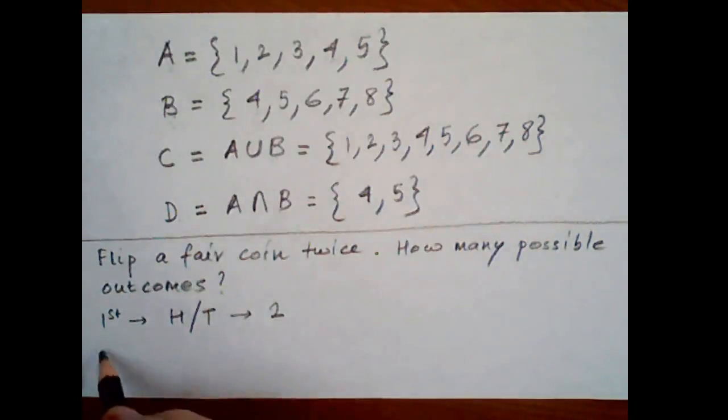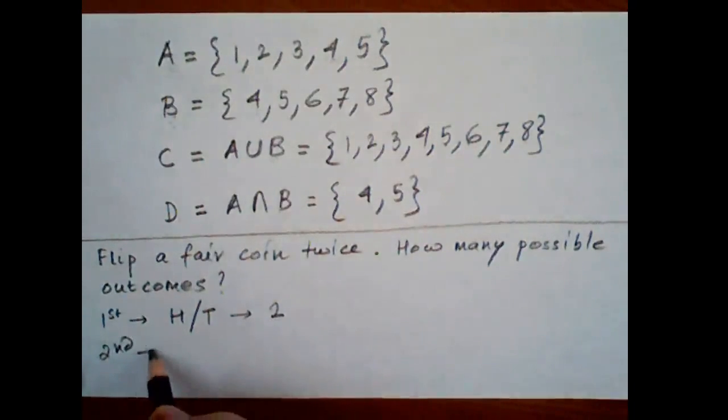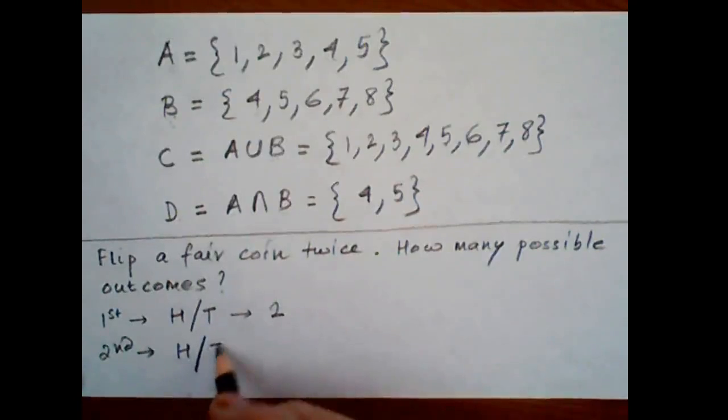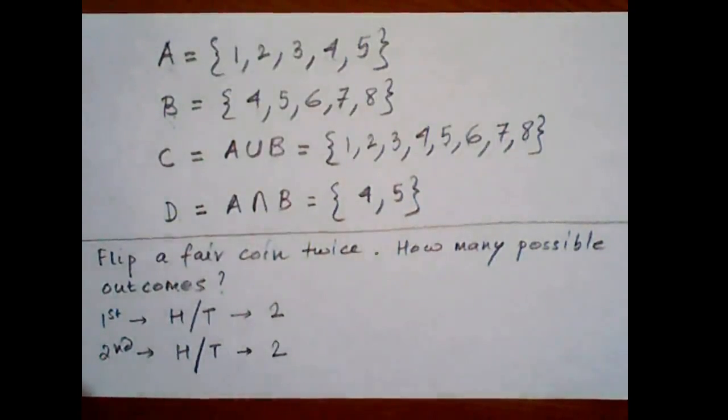Now in the second toss, again how many outcomes will be there? Either there will be a heads or there will be a tails. And that also means that in the second toss also you can have two possible outcomes. Now remember, the first toss and the second toss are independent because each one of them does not affect the outcome in the other. So they are independent, which means that we can apply the multiplication rule of counting.